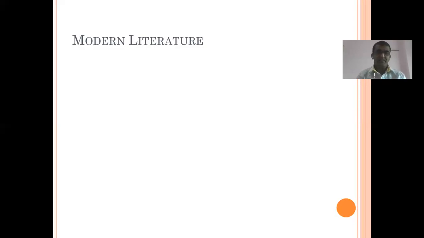The forms of literature that you might have studied in first year or second year become the part of literary studies. Modern literature is another synonymous word for 20th century literature.